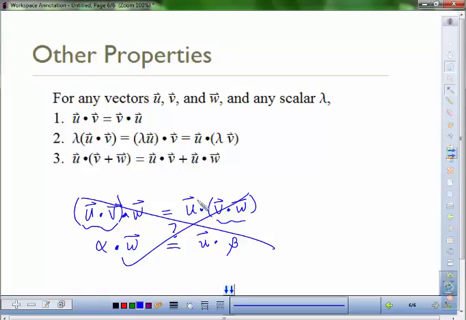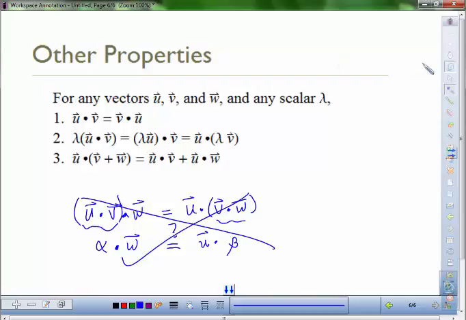All right? So we have to be really selective with the properties that we use. We have to know when something ends up to be a scalar, when something ends up to be a vector, etc. And when we introduce the other product, there are going to be more properties where it's really going to be important that we look at the result and anticipate if the result's going to be a scalar or a vector.